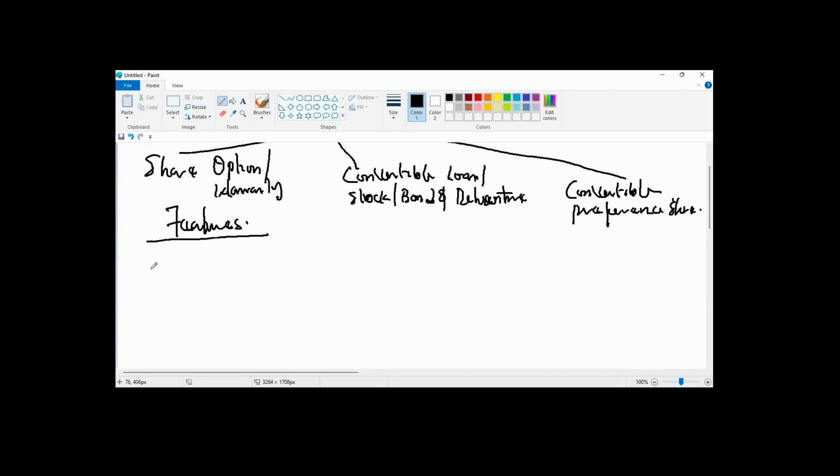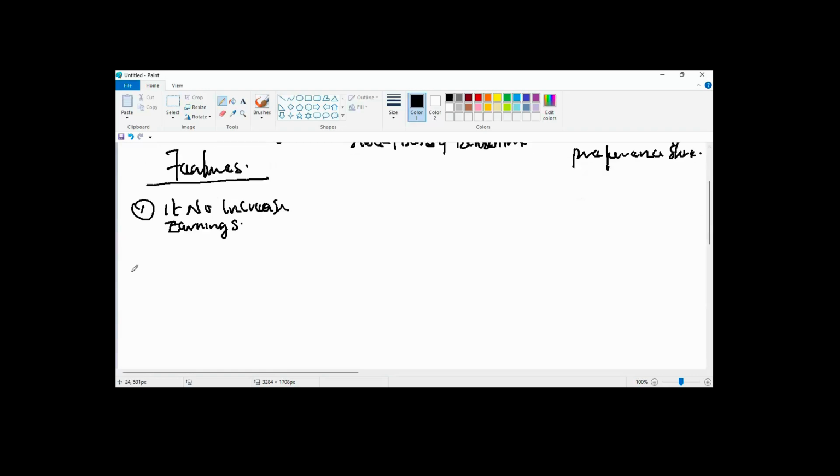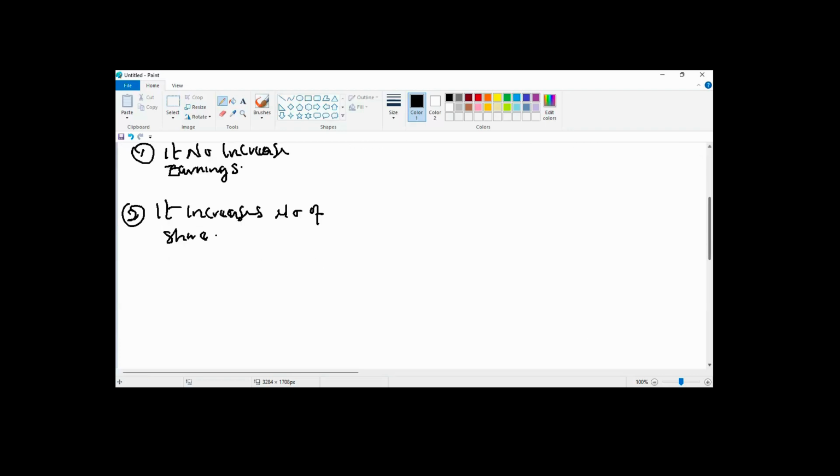One, no increase in earnings, but it increases the number of shares. Three, I will apply a formula.